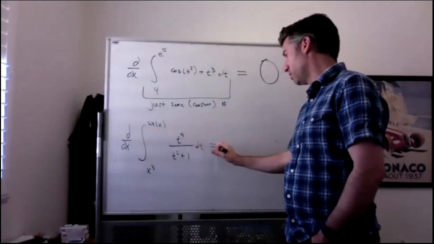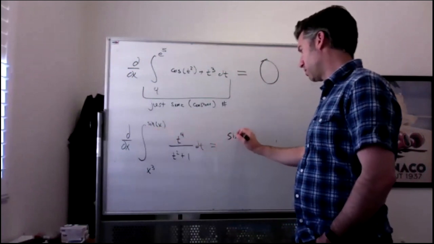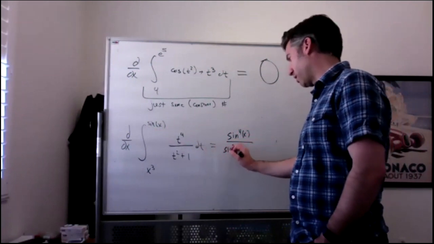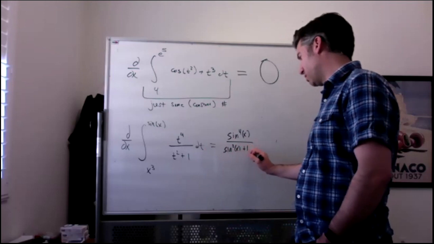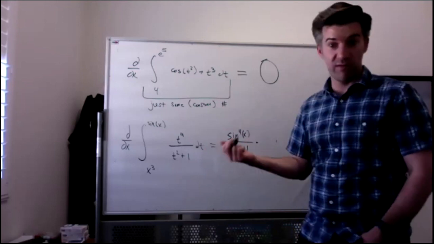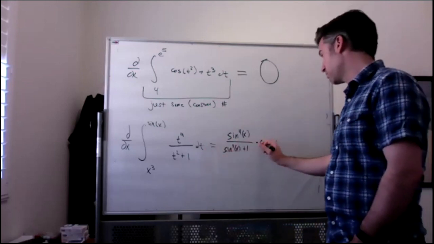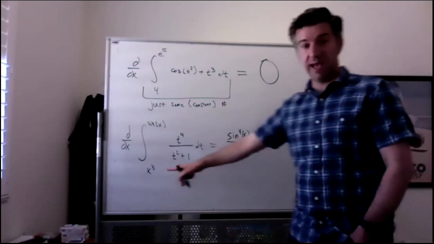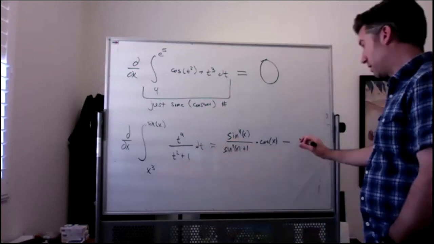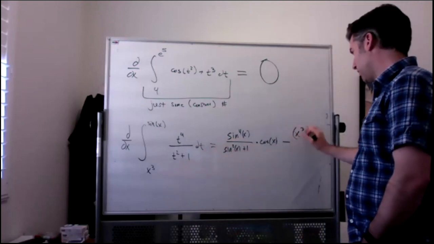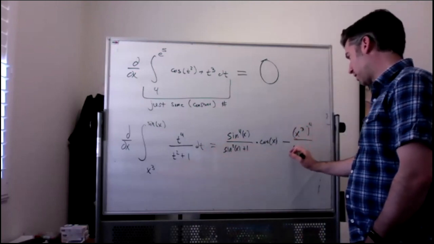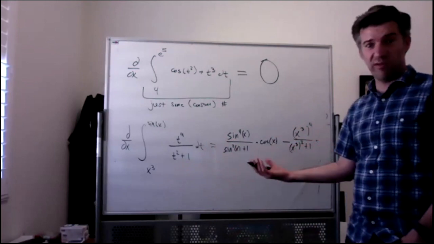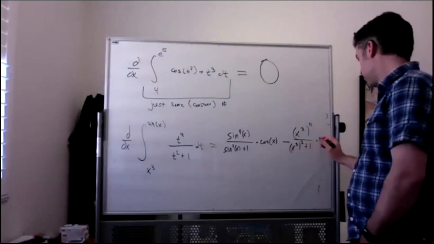We'll plug in sine, so I get sine to the fourth of x over sine squared of x plus 1, and I have to multiply by the derivative of sine, which is cosine of x, minus, then I have to do it for the bottom one as well. I'm going to get x cubed to the fourth over x cubed squared plus 1 times the derivative of x cubed, which is 3x squared.